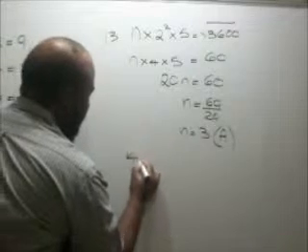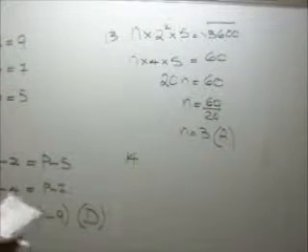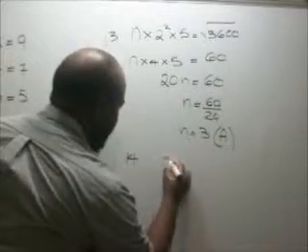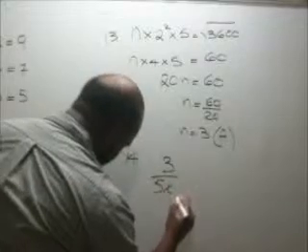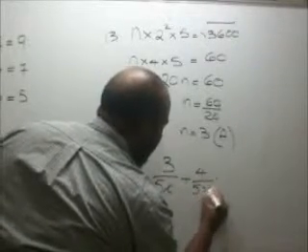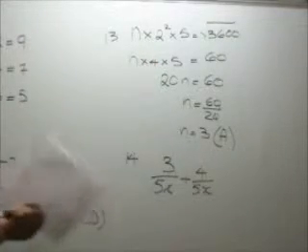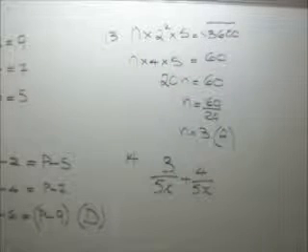Question number 14 is very simple. It says 3 over 5x plus 4 over 5x. So all we have is 2 fractions with the same denominator.